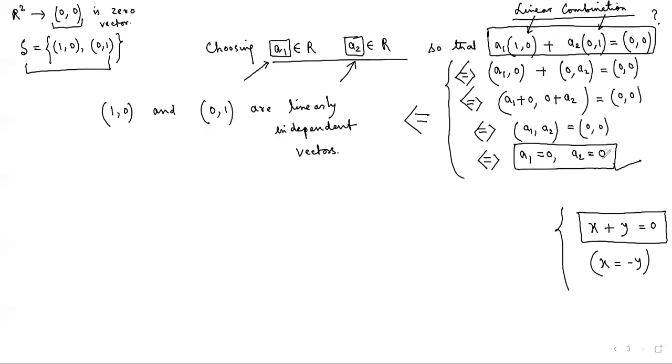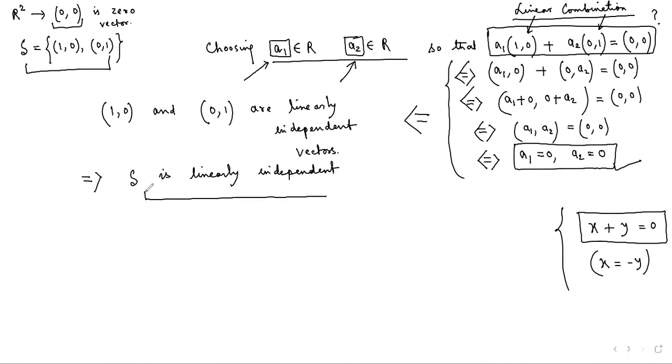If it is not so, then we will call them not linearly independent. I'm going to give you that definition very shortly. So if this particular equation has one and only one solution, that the individual scalars must be 0, then such vectors are called linearly independent vectors, and consequently the set containing these two vectors is called a linearly independent set.